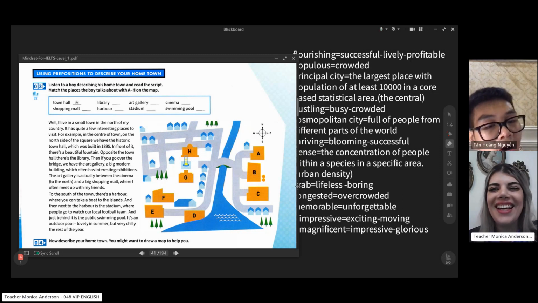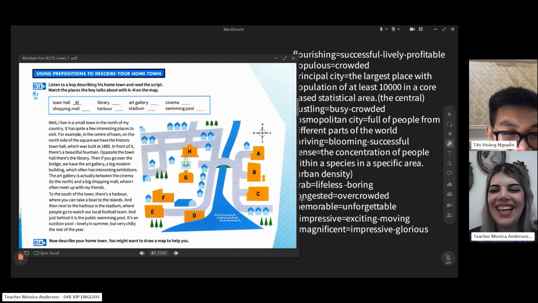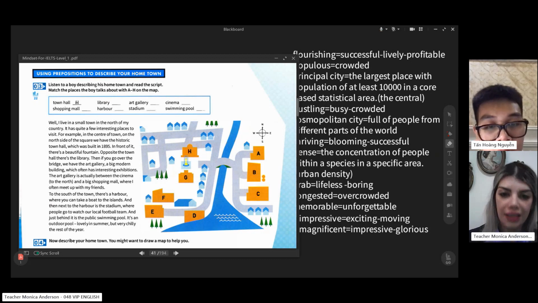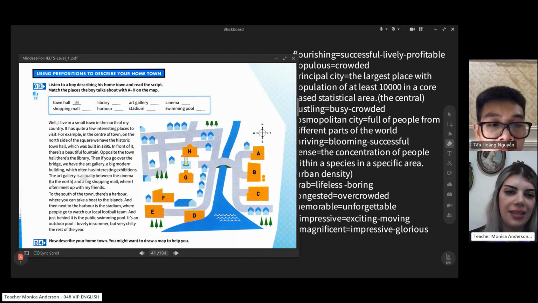Do you want to listen again? No, it says that opposite the town hall there's the library. Opposite. Okay, it is G. And now the next one.